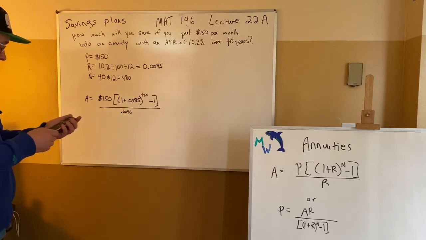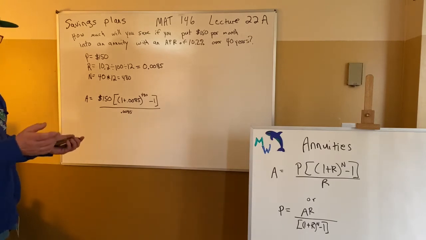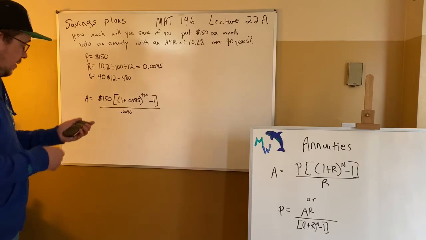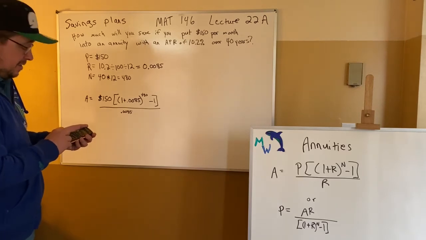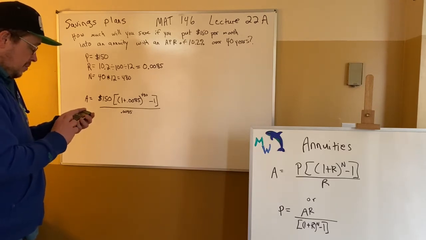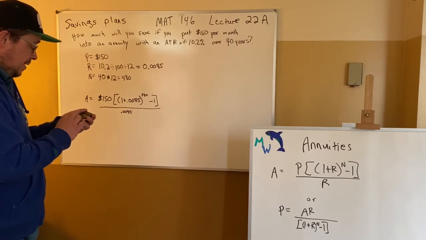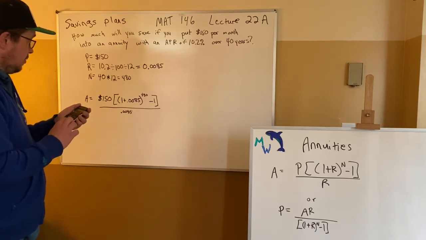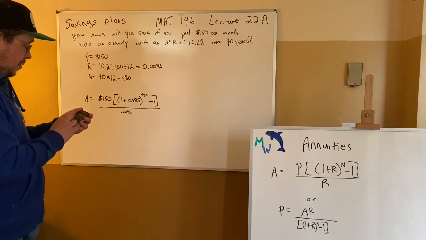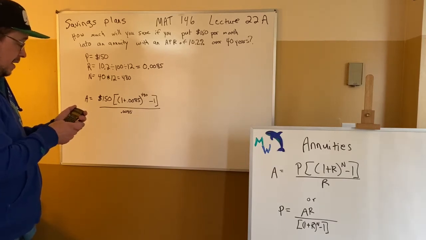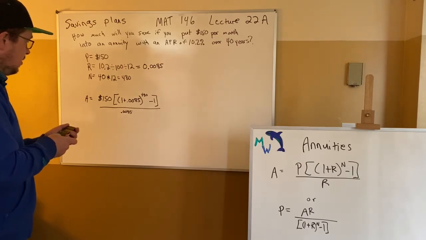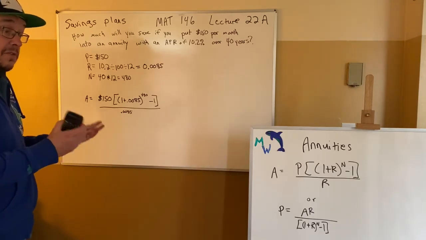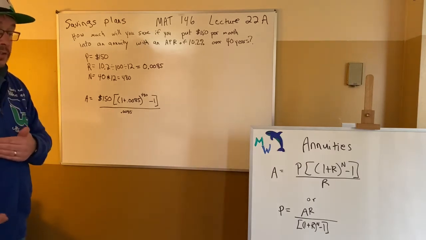So what I have here is 150, now I'm using a dollar store calculator, all right? $150 times, I open the first set of parentheses, I open the second set of parentheses, and I don't know if that's going to work on this because it was a cheap calculator. 1 plus 0.0085, and I close up those parentheses, and I raise it to the power 480, and then I subtract 1, and I got something that looks a little crazy. So I can't do that with this. But if your calculator is better, you can do that and have multiple levels of parentheses.